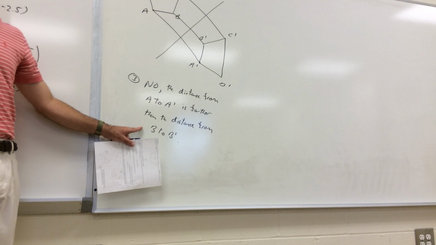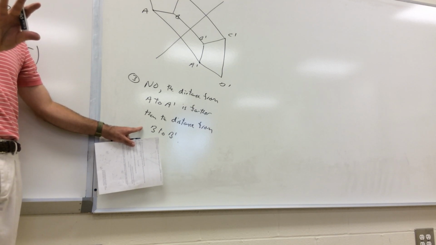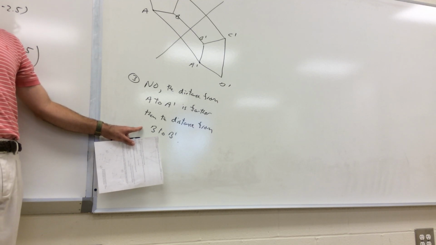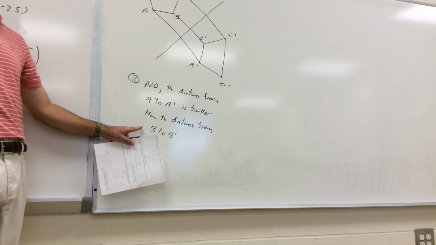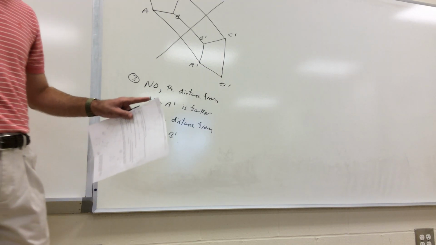So yesterday in a translation, everything moved the same distance. But today in a reflection, that's not true. Everything is not necessarily moving the same distance. That's the point of number 3.